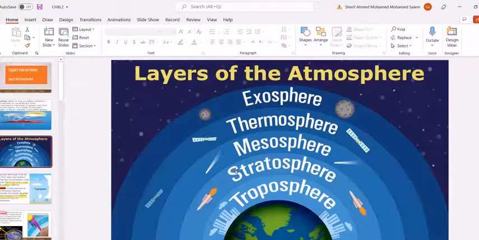The second one is the stratosphere, the ozone layer in the stratosphere. What is the importance of the ozone layer? It allows the useful rays of the sun to pass through it, and doesn't allow the other harmful rays to pass through it.